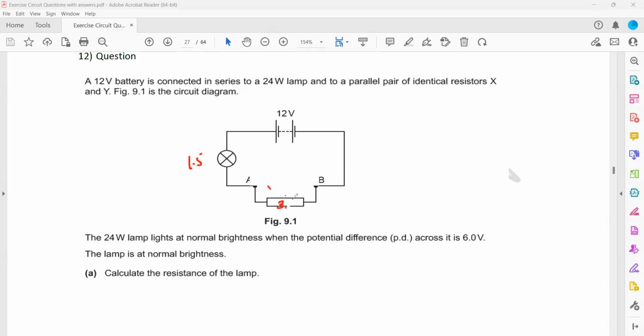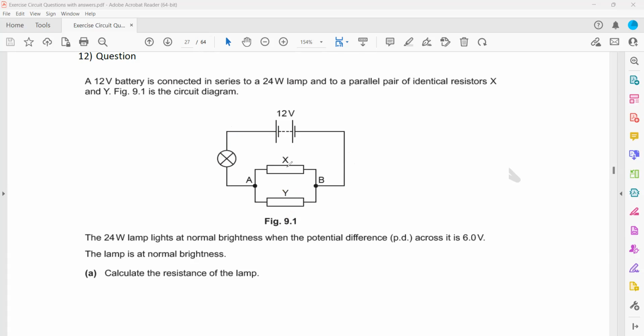Y and the lamp are in series, so there will be more voltage across Y compared to the lamp. As the resistance of this part increases, there will be more voltage across Y, maybe 8 volts across Y. So the remaining 4 volts will be across the lamp. That's why the brightness of the lamp decreases.